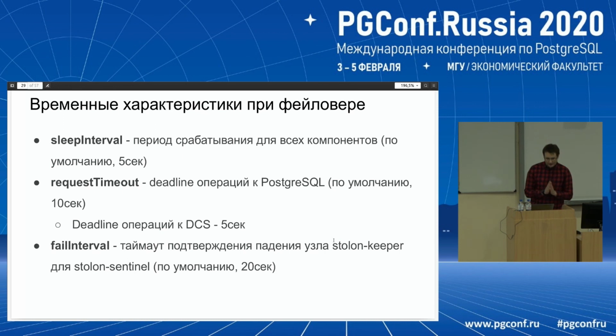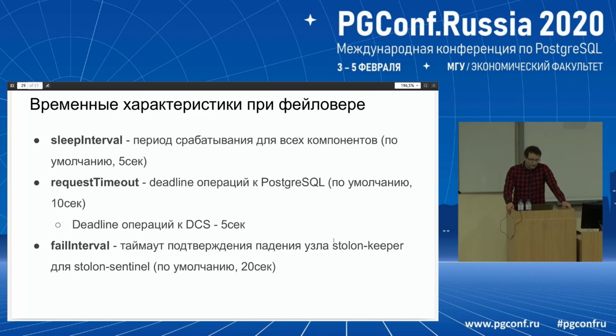Let's talk about time characteristics. So we've got 3 parameters: sleep interval, it's when each component is triggered; request timeout, the deadline of operations to PostgreSQL, while the deadline to DCS is hard-coded to 5 seconds; and fail interval, for when a node crashes.